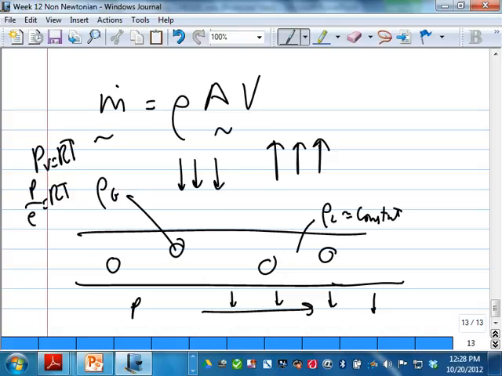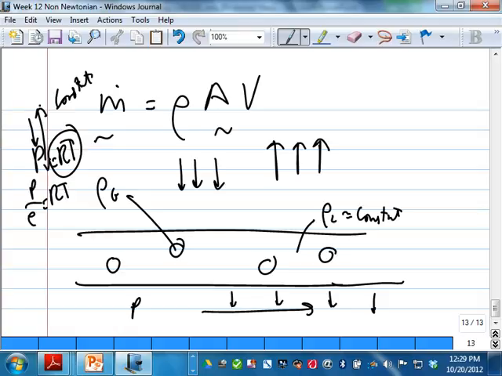This side is constant, so if this one goes down, this one also goes down, so that the ratio stays the same. Or the specific volume increases. So if the pressure drops, the specific volume increases. It expands.